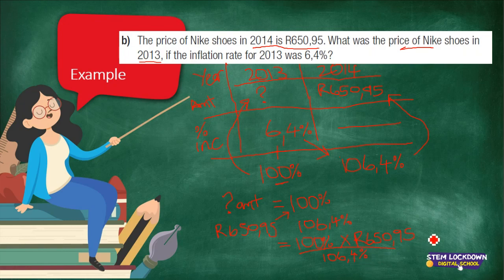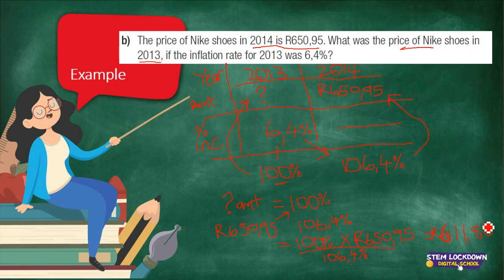It's actually a very simple sum, just that I'm writing slowly. So your answer, using your calculator, 100 times 650.95 divided by 106.4, should be 611.80, just rounding off.